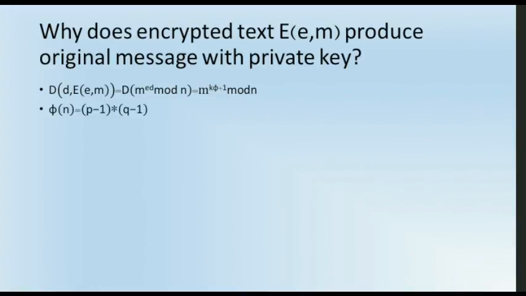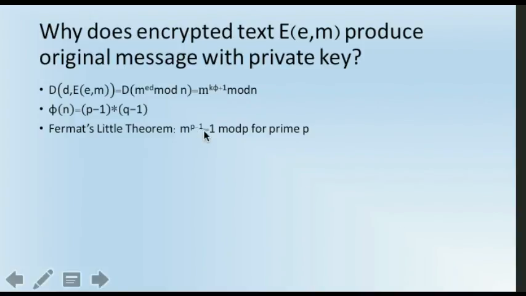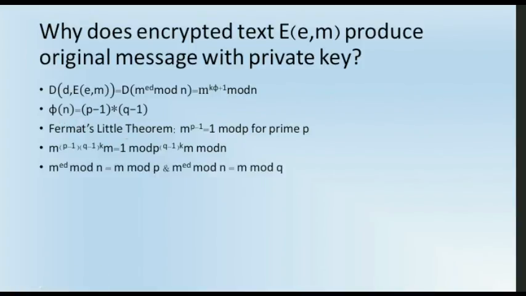And then we also know the definition of totient, and we know Fermat's theorem, which says that m raised to the power of p minus 1 equals 1 mod p for any prime number. We can rewrite this function here that I'm underlining, given that we know the totient is the product of p minus 1 and q minus 1, and given Fermat's theorem.